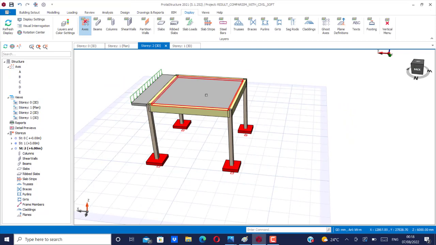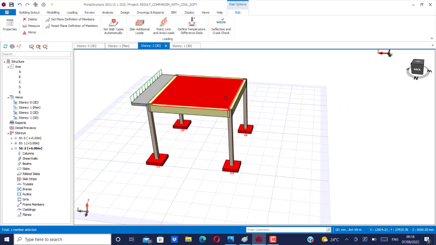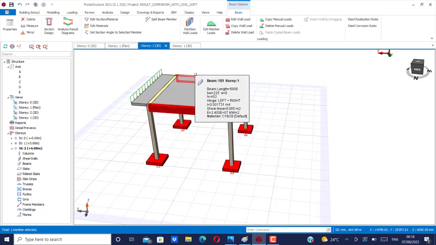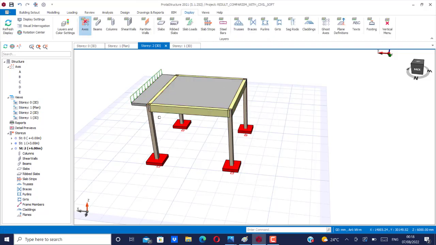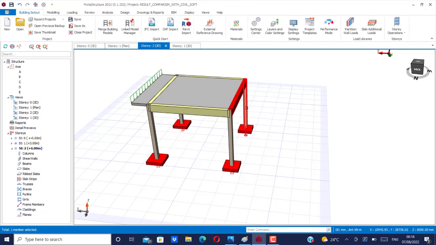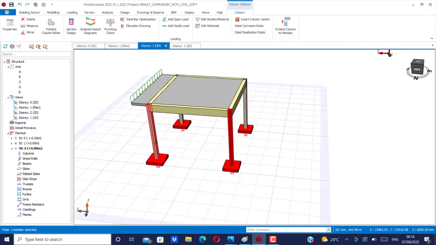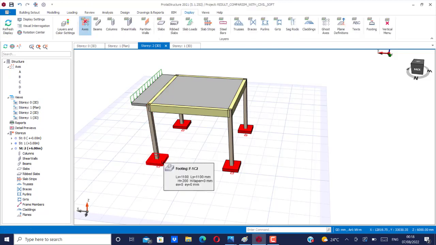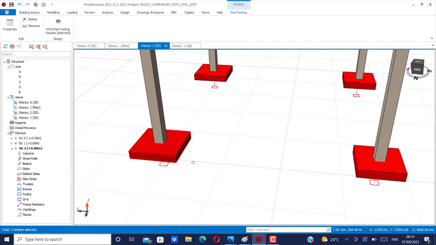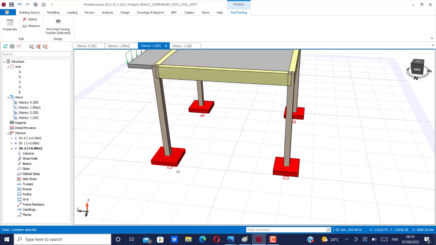Okay, the slab will transfer its load to this beam, to share it to all of these beams within the perimeter here, and these beams will take their load and give to the columns, and the columns will pick the load from the beams and transfer it to the foundation, which is what we have here, and the foundation will pick the load and distribute it to the ground.